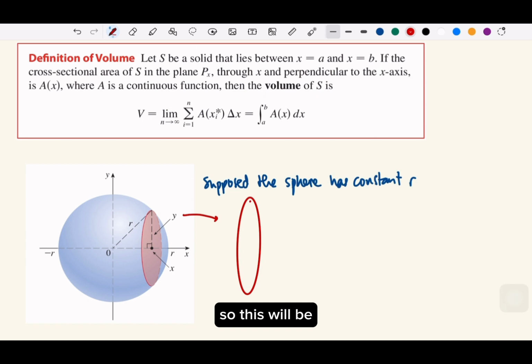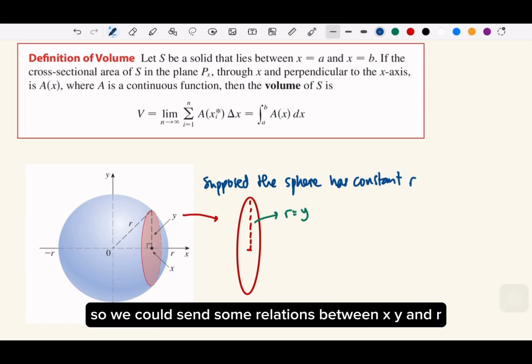So this will be r equals y, right? But we want all the variables in terms of x. So we have a constant r, and we have y here.